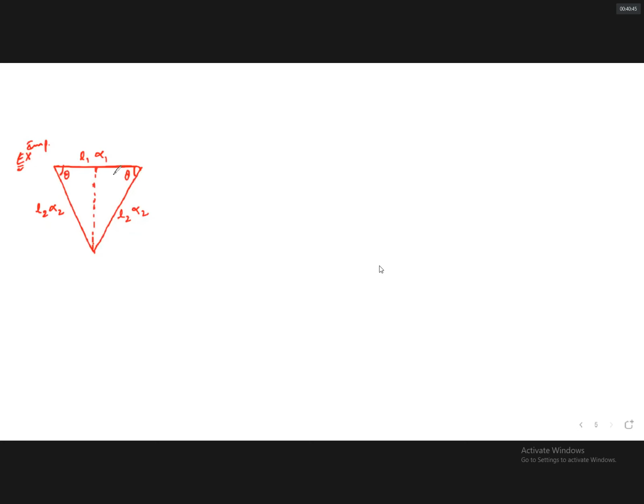These two sides are equal, opposite angles are equal, and assume theta is constant, and the altitude, the height of the triangle, is constant.